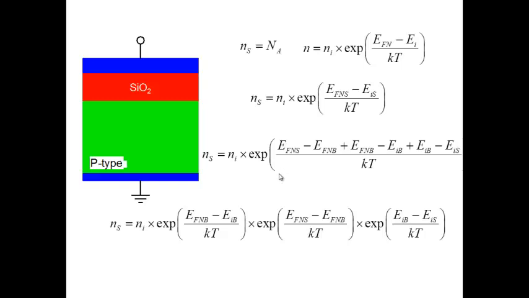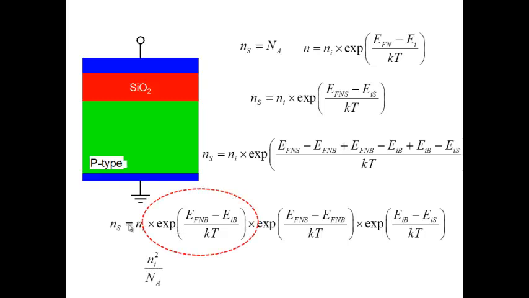This can now be written as Ni, with the different exponential terms written out separately: exponent (EFN,B minus Ei,B) by kT, then (EFN,S minus EFN,B), the difference of the quasi-Fermi level at the surface and the bulk, by kT, and (Ei,B minus Ei,S) by kT. All right, so that's fine.